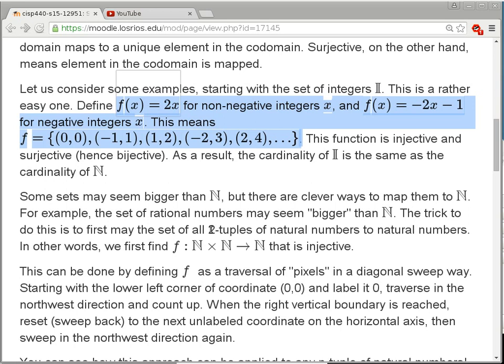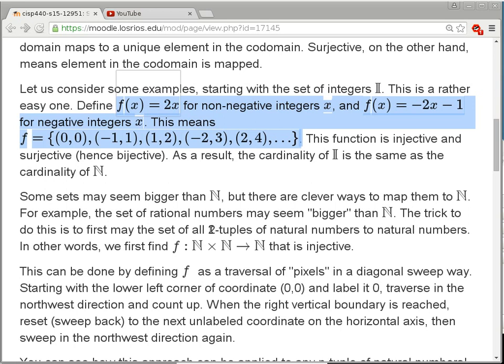But a lot of numbers fall into this category, and it doesn't seem like there would be a way to map all rational numbers into just natural numbers in a one-to-one fashion. Okay, so we'll take a look at a particular way to map numbers and say, well, as it turns out, we have a way to do this too. Okay, are there any questions about this? No.